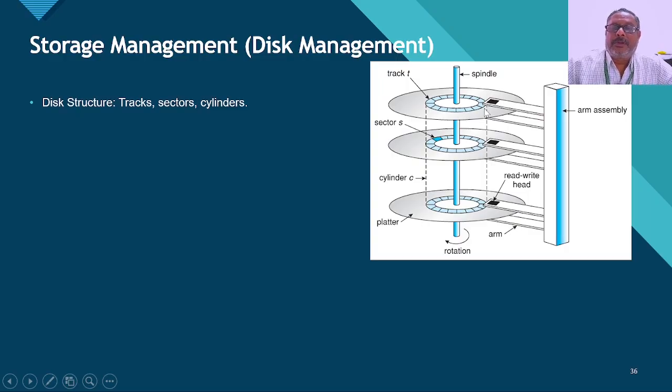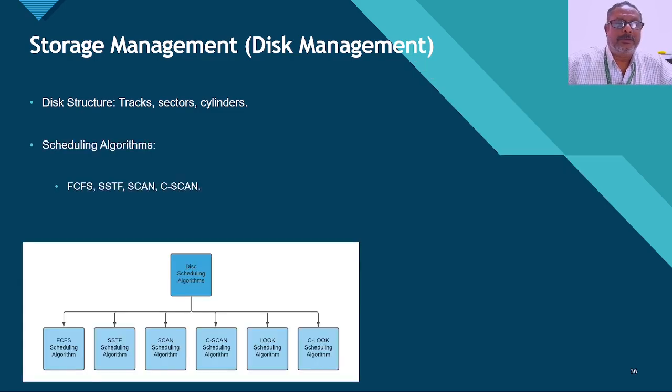So for the disk, we need to activate the appropriate read-write head, and then the track. The arm assembly should move in and out so that the appropriate track can be used, and then for the correct sector, the whole system is rotated so that the particular sector comes near the read-write head, and the read or write activity continues.